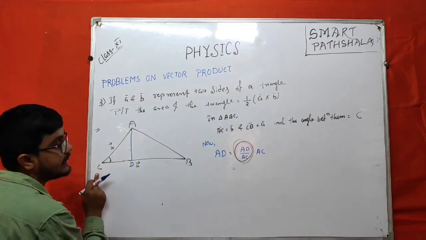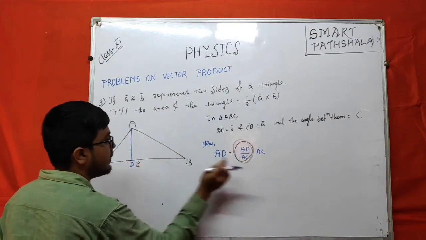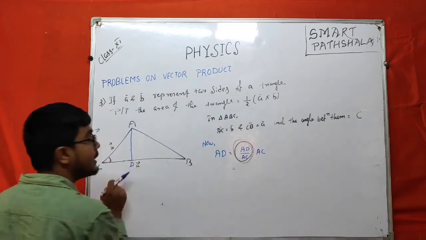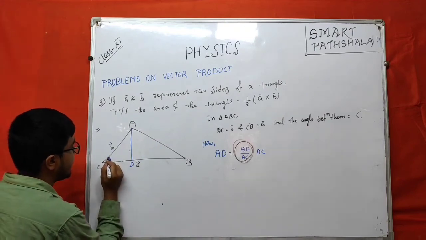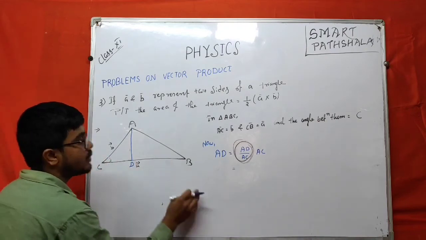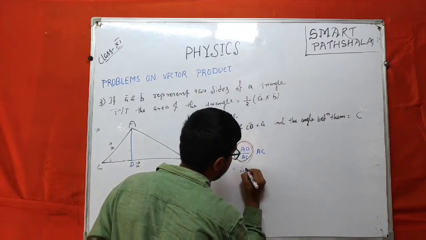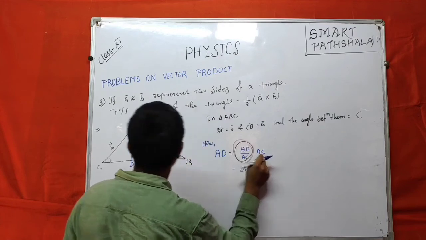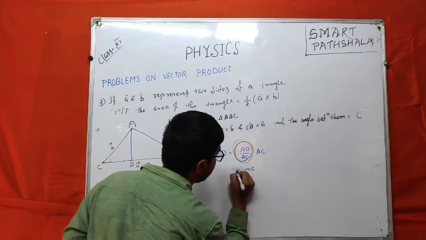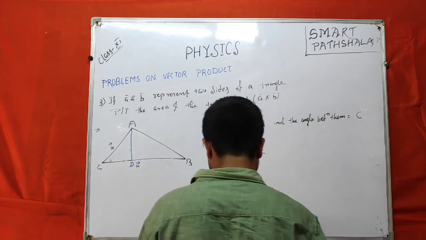Take this triangle ABC. This AD is perpendicular, and AC is the hypotenuse. Perpendicular by hypotenuse is equal to sine of the angle between them, that is sine theta. What is theta? Theta is the angle between them. Here, theta is equal to angle C. So, this AD by AC is equal to sine C. And AC, as we have discussed, is equal to B. That means AD is equal to B sine theta.